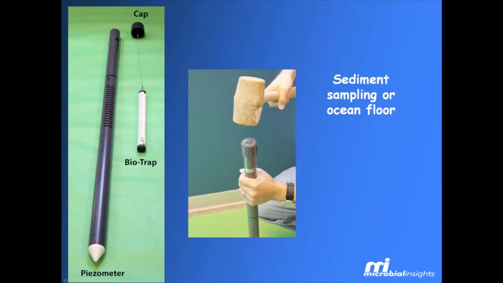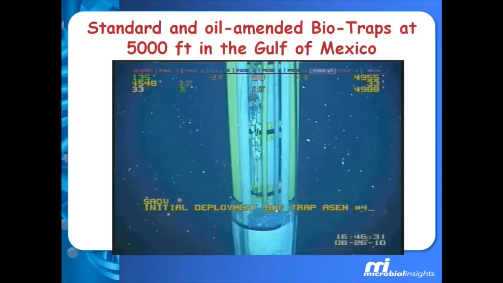The biotrap, as you can see here, is just a standard extra long biotrap, suspended from the cap of the sampler next to the perforations, and then the entire thing can be hammered down into the sediments on a stream, or in one case these were hammered into the sediments on the ocean floor by divers. Here you're looking at some standard as well as some oil-emitted biotraps that were deployed in the Gulf of Mexico after the BP oil spill.